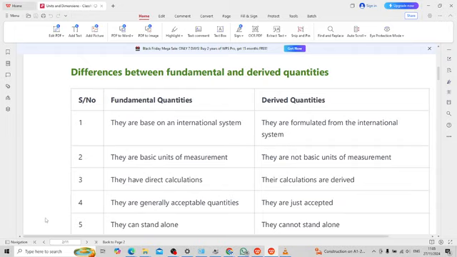Okay, but when we are talking about the derived quantity, their calculations are derived. Okay, for example, as I said, speed depends on distance and time. The distance does not depend on anything. If I move from somewhere in Ojo to somewhere in Lagos State, I can take the distance of the point I start to where I stop.